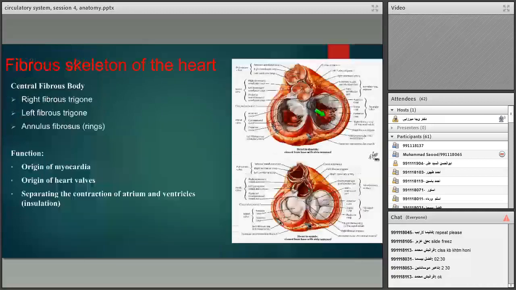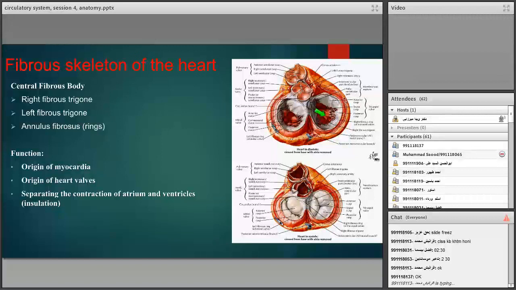Okay? Now, the next part we're going to talk about is the fibrous skeleton of the heart. Listen, please.